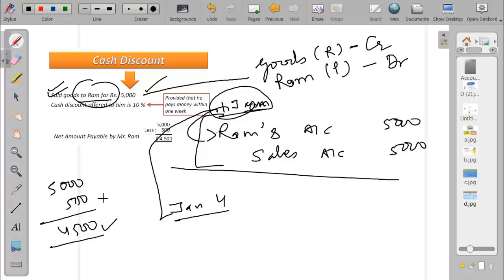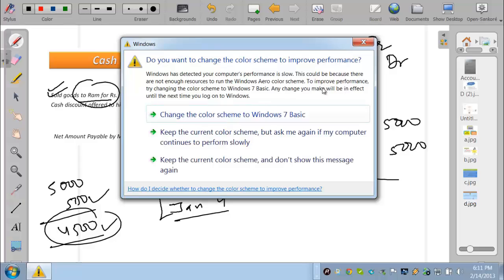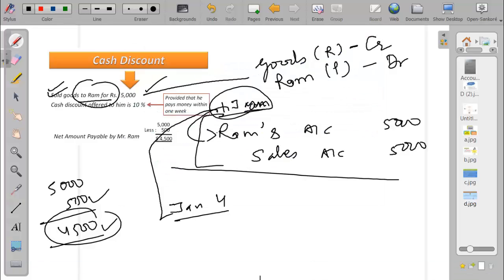Tell me what benefit? That I got money within a week. This is the benefit. Just after losing 500 I got the money. Otherwise I don't know how many months I would have to wait just to recover the money 5000. So that's why I motivated Ram: you give me 4500, leave 500.